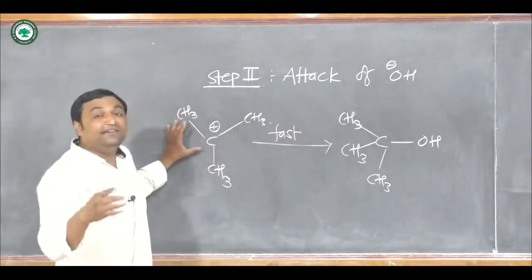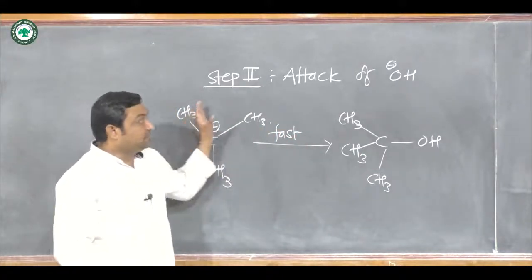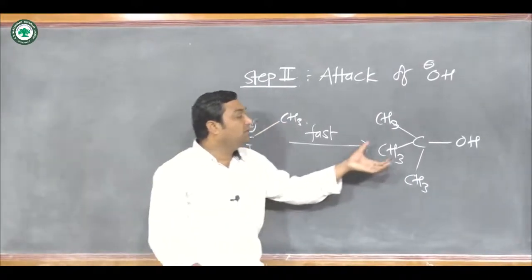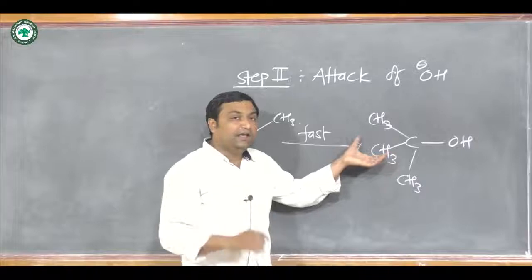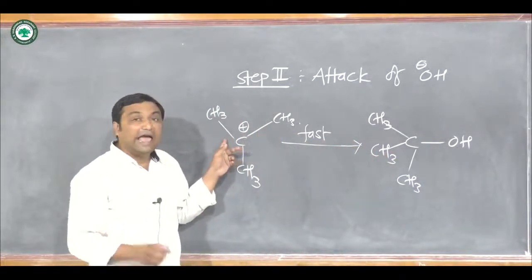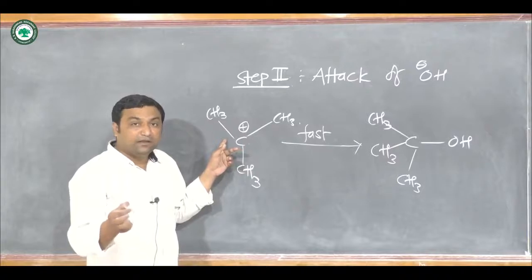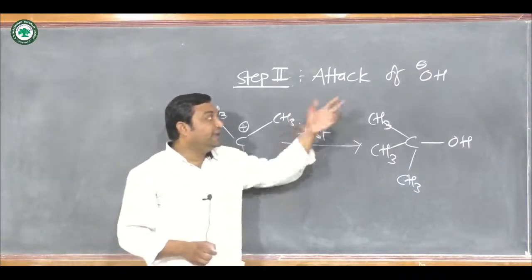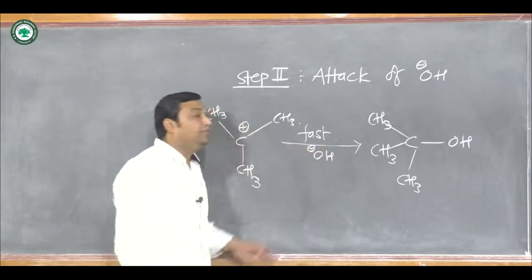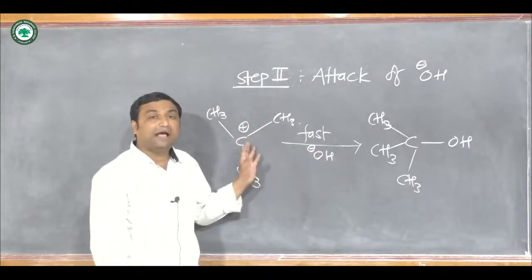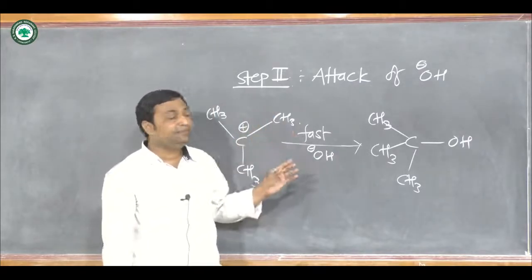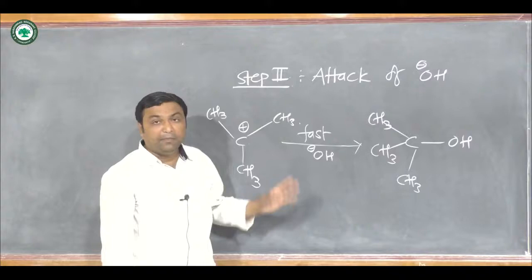To understand the stereochemistry of this mechanism, whether this carbocation actually accepts the incoming nucleophile from the front side or from the back side, we have to see the stereochemistry of this mechanism.